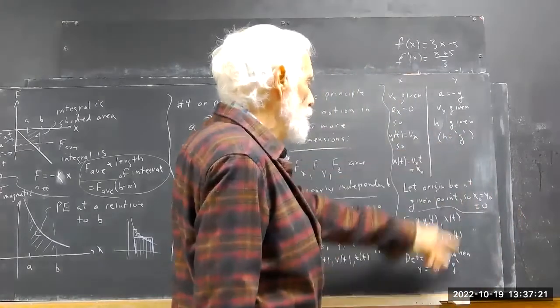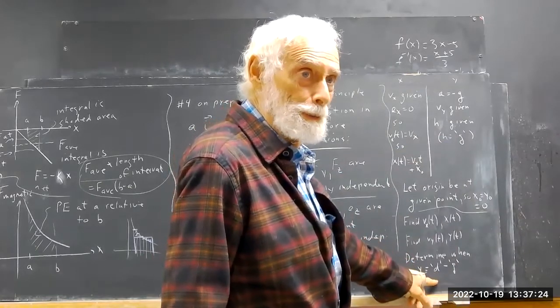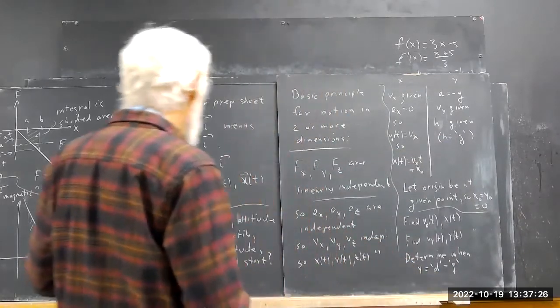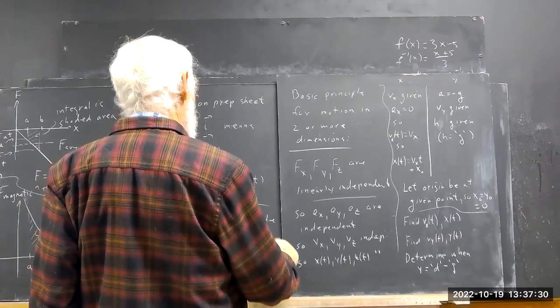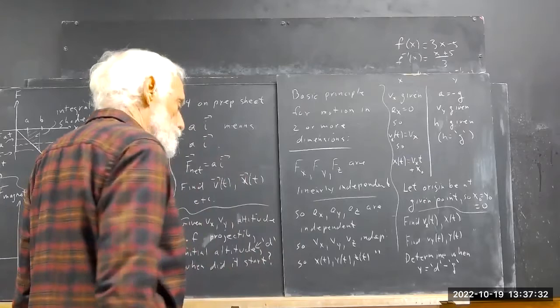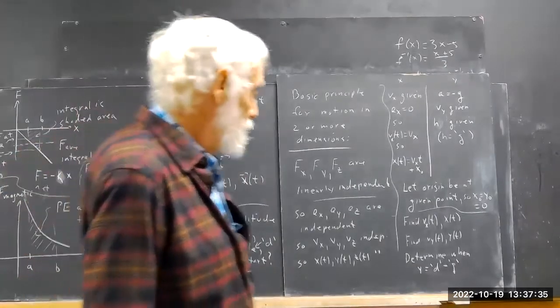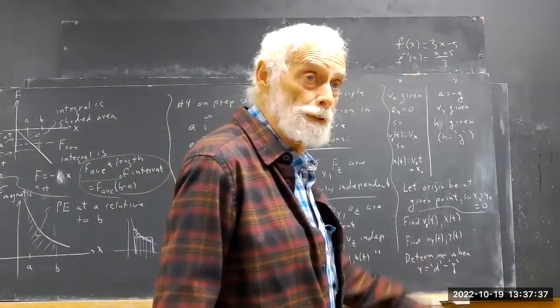H is your G number, which is greater than your D number. Initial altitude was D, and these are in meters, right? So you have to determine what Y equals, D minus G.